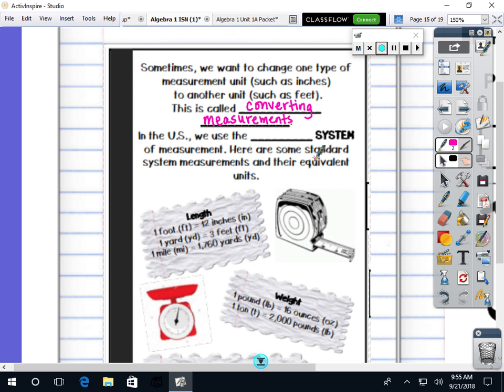So when we want to change one type of measurement unit to another, that's known as converting measurements.